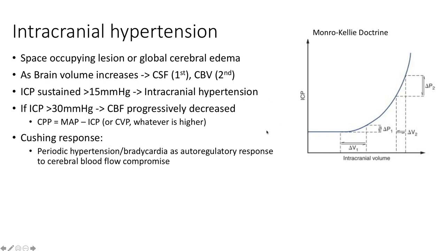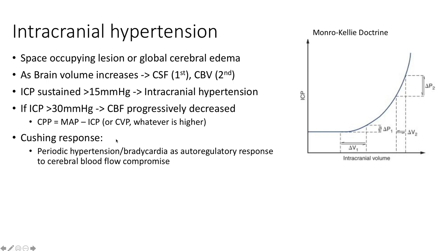We call intracranial hypertension a sustained ICP increase above 50 mmHg for a prolonged period of time. If ICP stays above 30, we can assume that cerebral blood flow, cerebral circulation, is decreased.